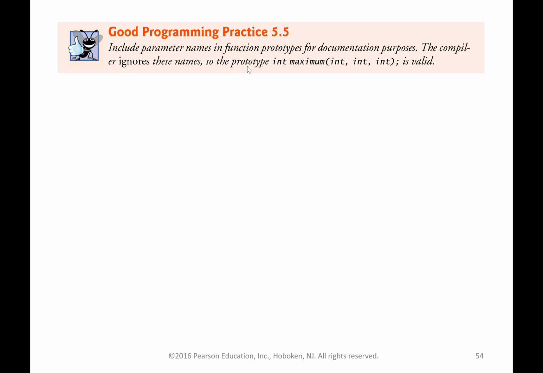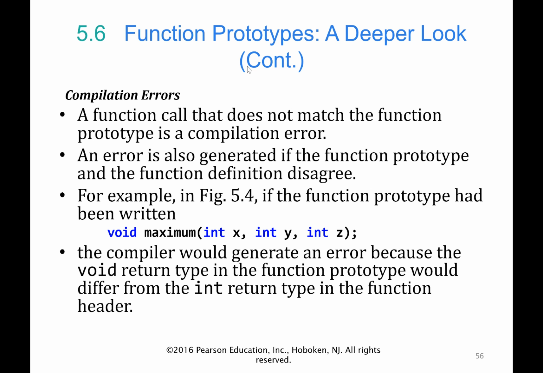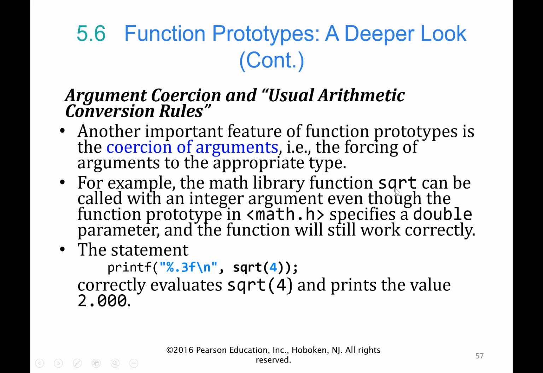Again, this just repeats what I'm going through here. In this particular case, the function call doesn't match. Here he's saying if it's got void, that doesn't match. And here again, the math library square root specifies a double, but we're passing an integer to it.